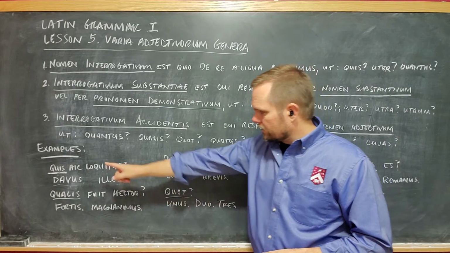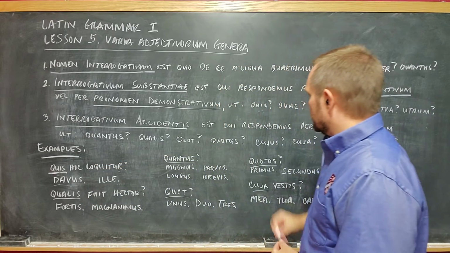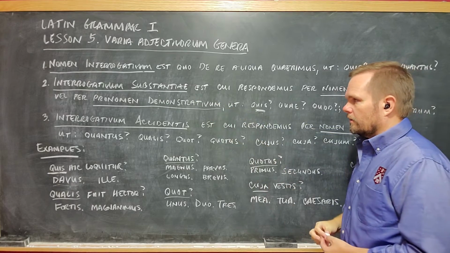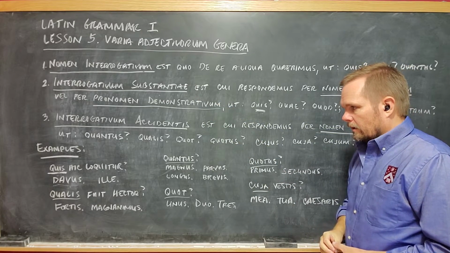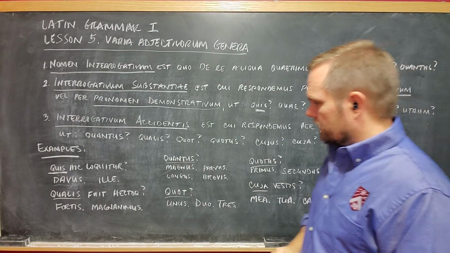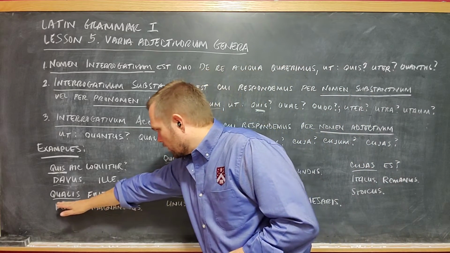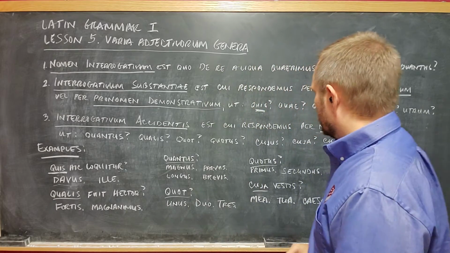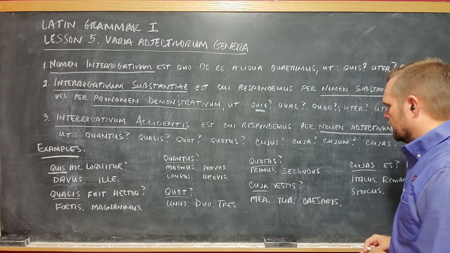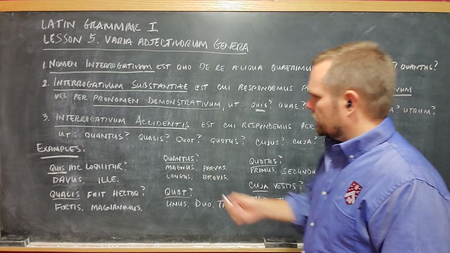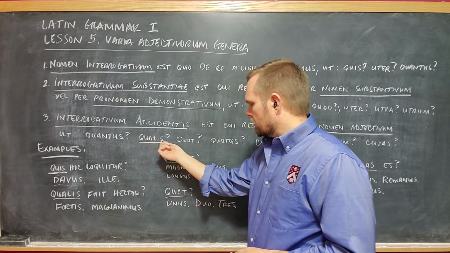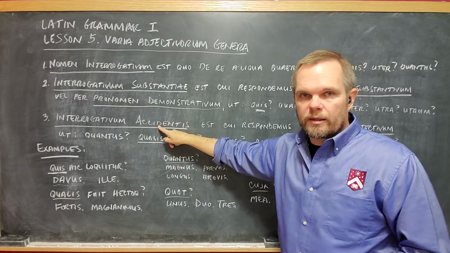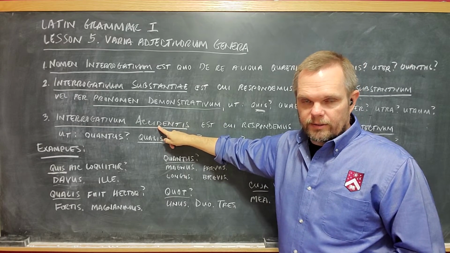All right, so quis is an example right here of an interrogative noun of substance. Next, Alvarez gives us the question, qualis fuit Hector? Qualis fuit Hector? And you can see that qualis is one of the examples that he gave of an interrogative noun of accident.